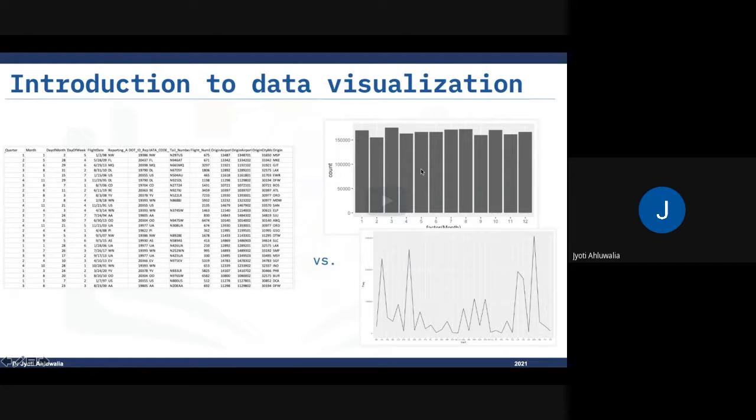So this graph versus this graph, I can see that this graph is not showing so much variation for each month, but this graph is showing a lot of variation. So visual representation helps me a lot, especially when there is a lot of data. When there are few data, 8, 10, 20, 30, still I can manage, look at the data and figure out. But when there's a huge amount of data, then visualization really helps.